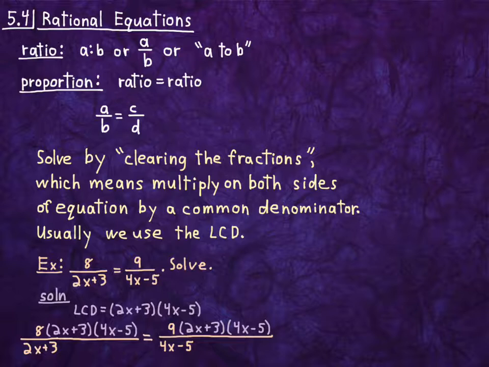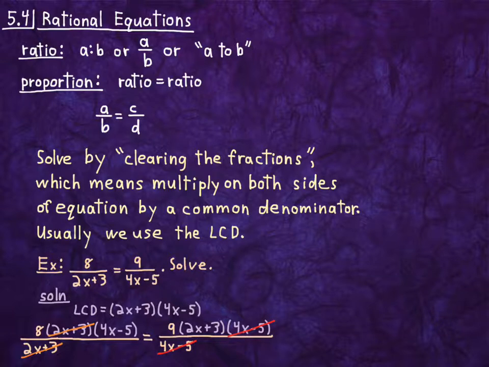So anyway, this is what I've done. I've taken the two original ones, which I left in this fleshy color, and multiplied both sides by the LCD, the least common denominator, which happens to be the product of the two denominators in this case. And then factors cancel. That's why we used a common factor, right?